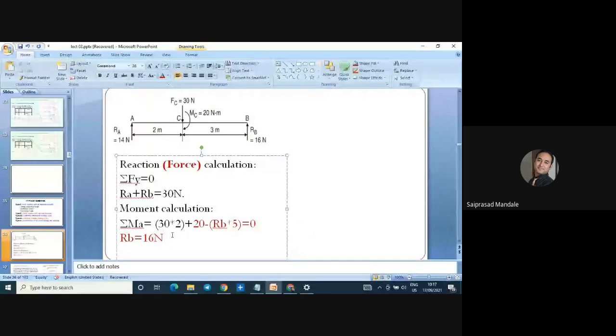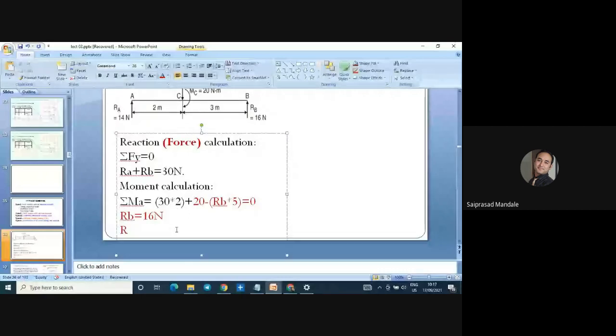If RB is 16, we can easily calculate the value of RA. It should be 14. Just verify by calculating this. If it is right, then tell me the answers. Give me a confirmation.